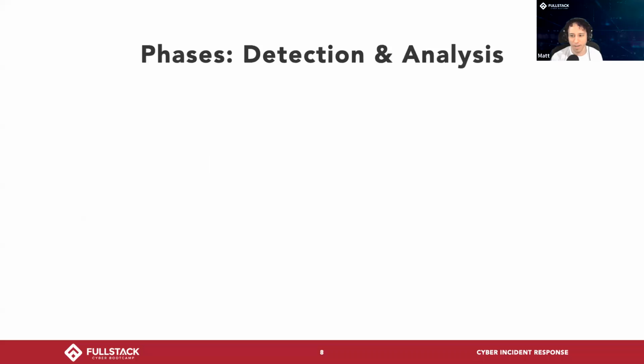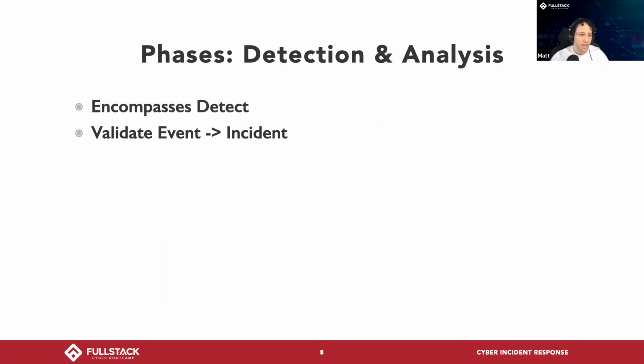Okay. Move over to detection analysis, right? This maps over to the detect function of the NIST framework. The idea here is you want to make sure that the security event you're looking at is actually a security incident.